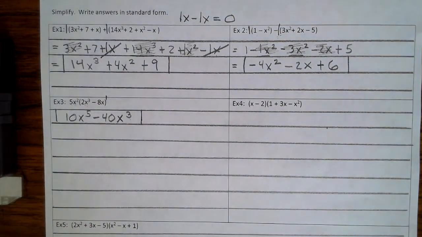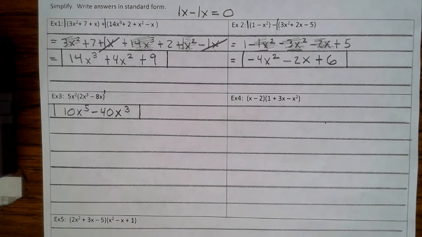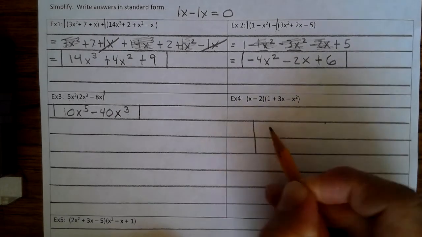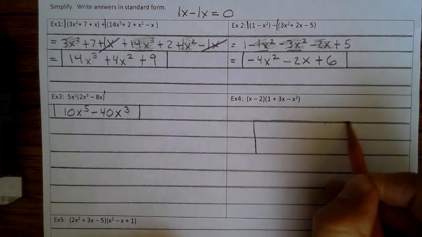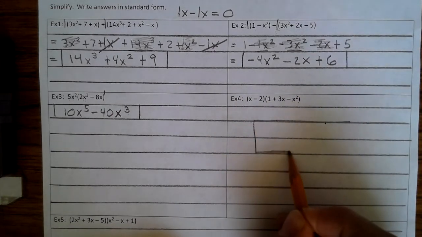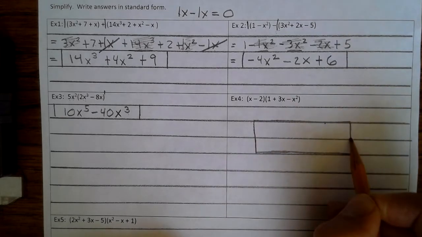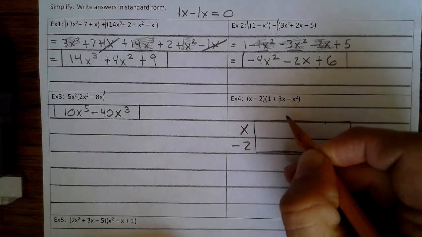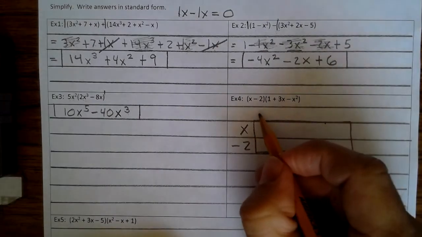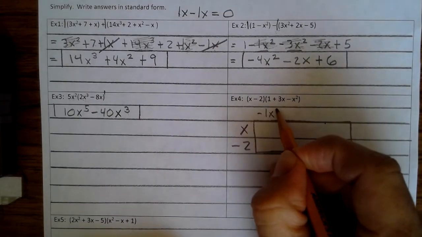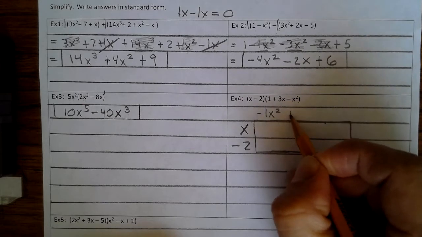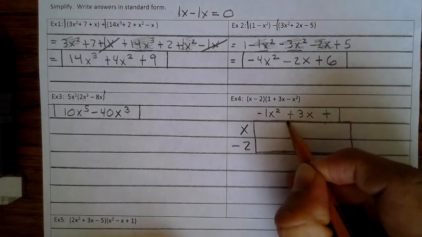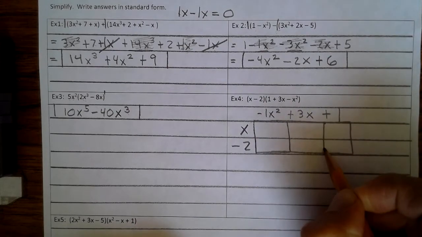All right, example 4. Here, we're going to draw a box and multiply. So put the x minus 2 here. And I'm going to go ahead and reorder this from highest to lowest. So negative 1x squared plus 3x plus 1. Okay. I'm going to go and put a 1 here.